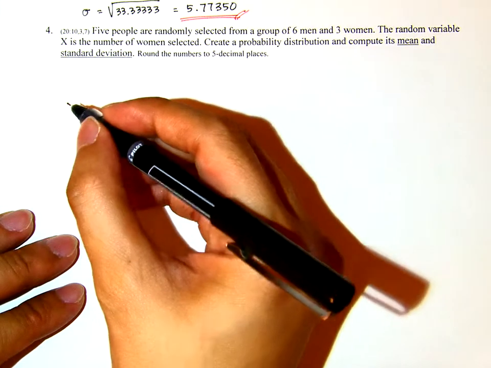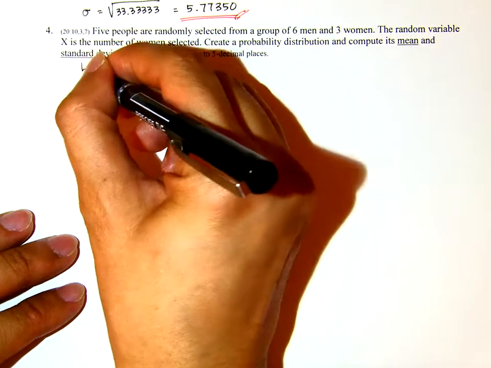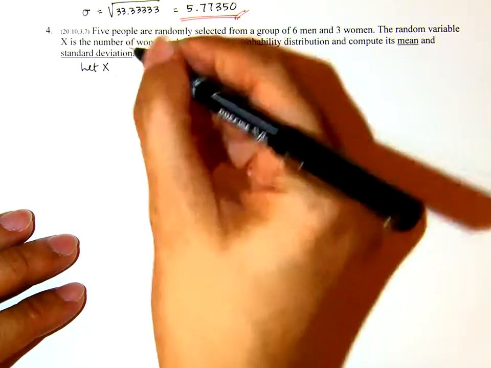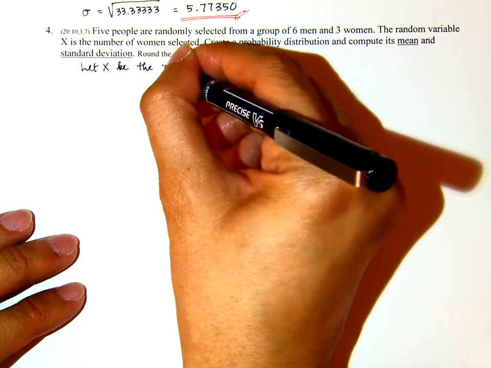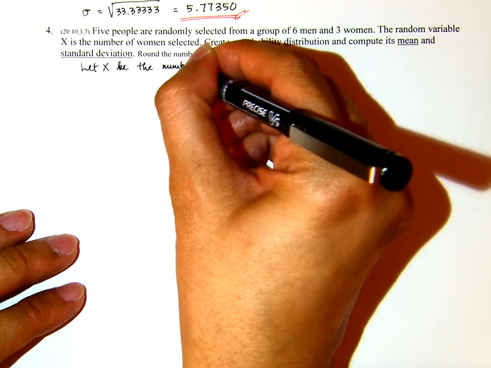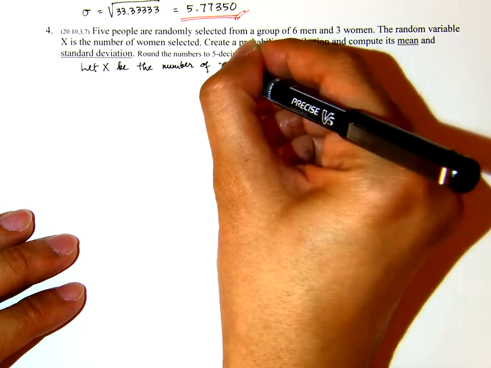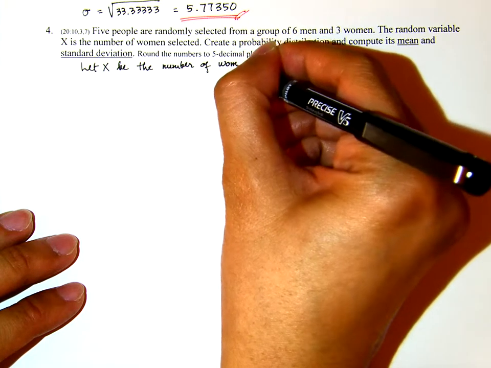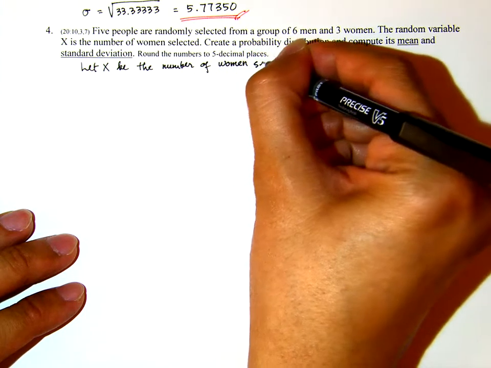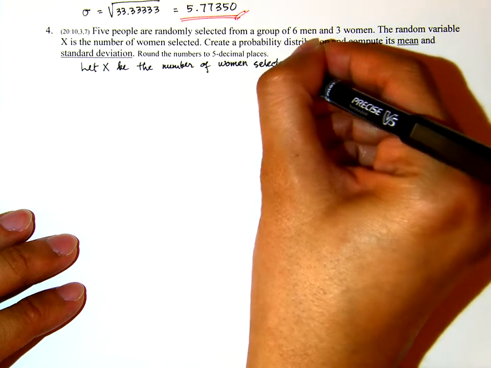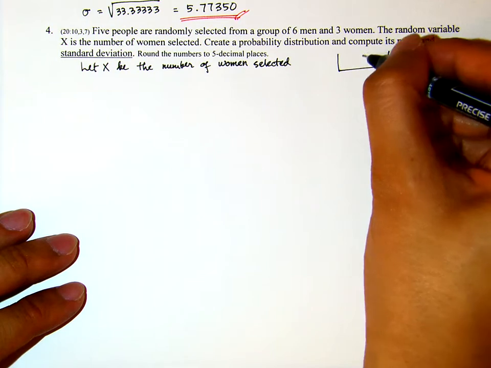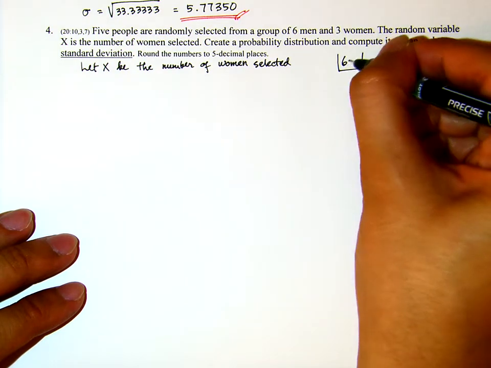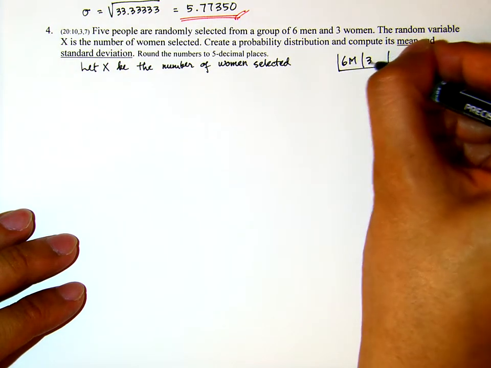Okay, let's start with defining a variable, which the question will tell us. Let x be the number of women selected. Notice that we have a total of 9 people, 6 men and 3 women, right?